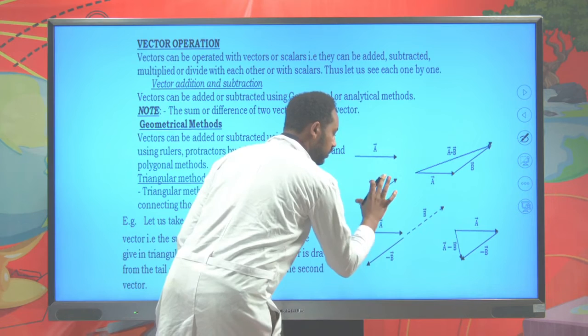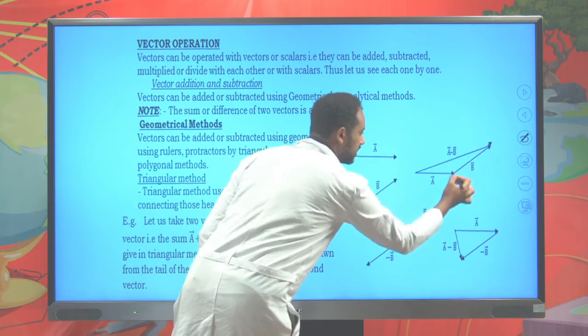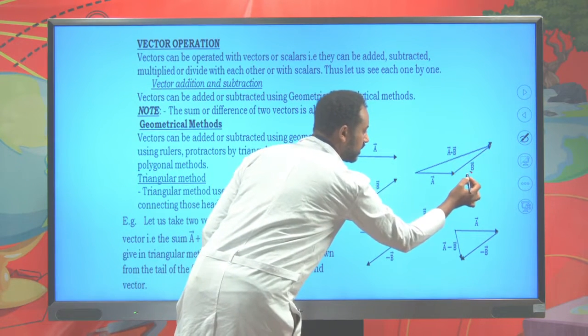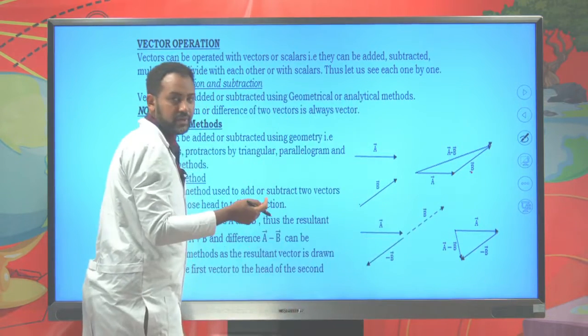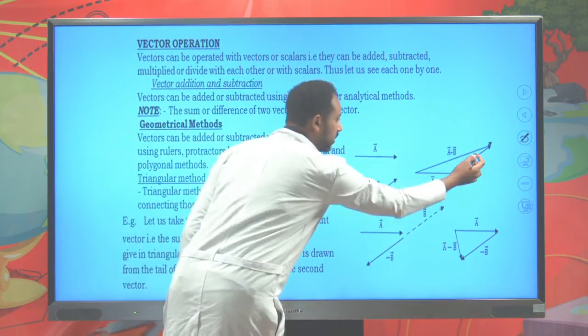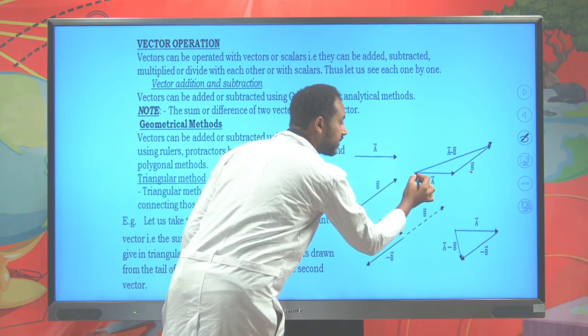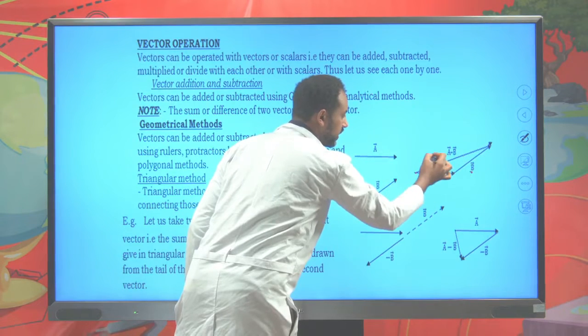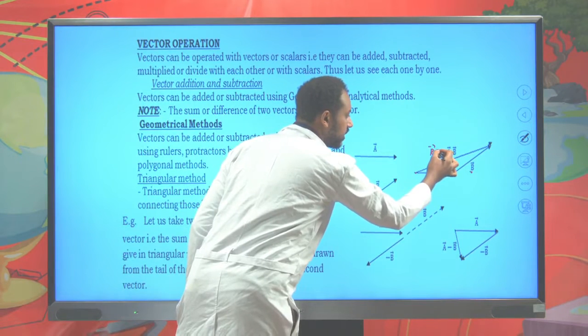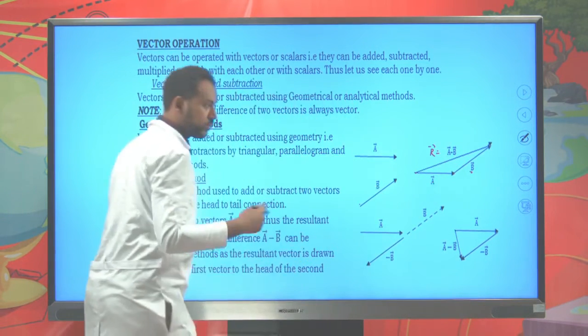The head of the first should be connected to the tail of the second. The tail of the second means here you have vector B. As you connect this, the resultant from the tail of the first vector to the head of the second vector gives you the resultant vector. This is the resultant vector. This is the summation of the 2 vectors.